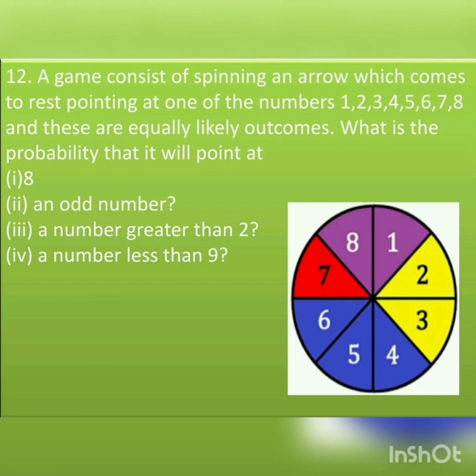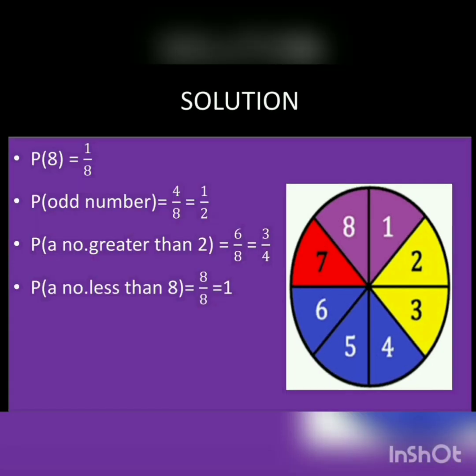Second is an odd number. How many odd numbers are there? There are 1, 3, 5, 7, so 4 odd numbers. So its probability will be 4 by 8. Favorable outcomes are 4, total outcomes are 8. So 4 by 8, after cancelling we get 1 by 2.